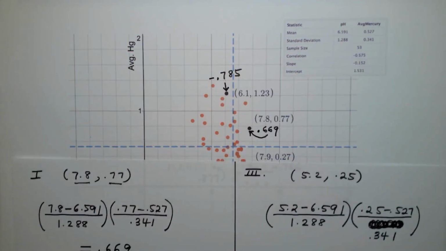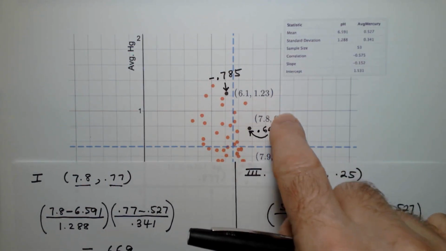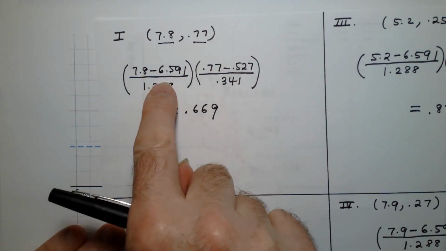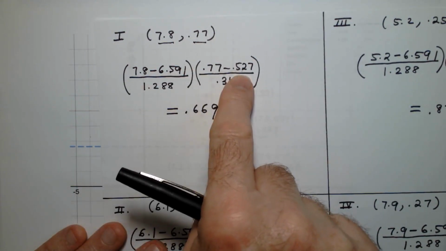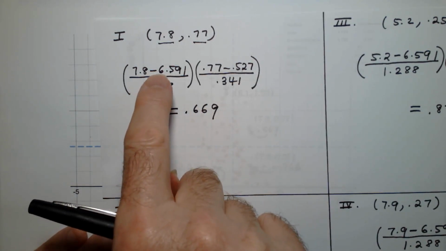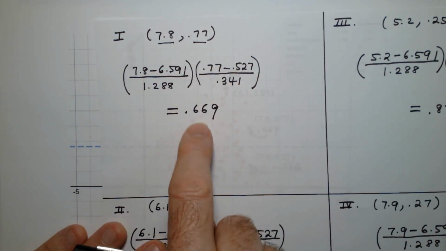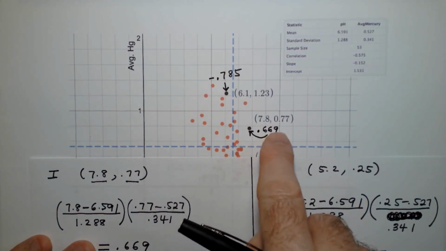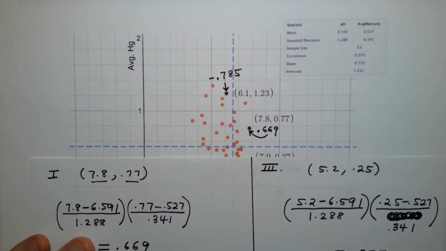That's what it means to be in this first quadrant. You're above the mean in both cases, and therefore both of these calculations will result in positive numbers, and this calculation will therefore be positive because it's a product of a positive number and a positive number.